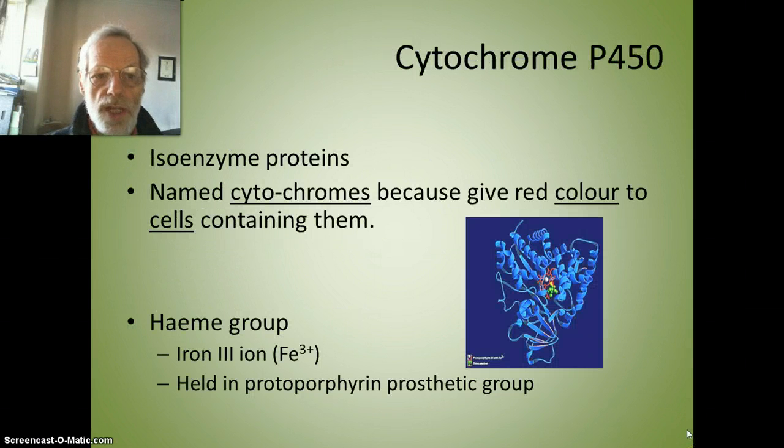Now, we've come across cytochromes before when we've been looking at the energy pathways of respiration. They're isoenzyme proteins, called cytochromes because they give a red colour to the cells containing them, and this is because they contain a heme group, which consists of an iron 3 ion held in a protoporphyrin prosthetic group.